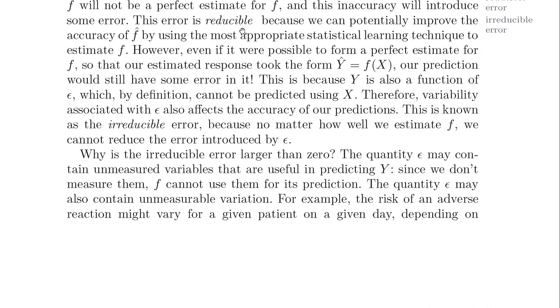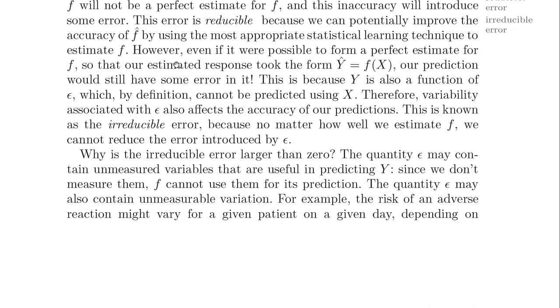This error is reducible, because we can potentially improve the accuracy of f hat. For instance, by allowing for more variables, or, as the book says, by using the most appropriate statistical learning technique to estimate f.